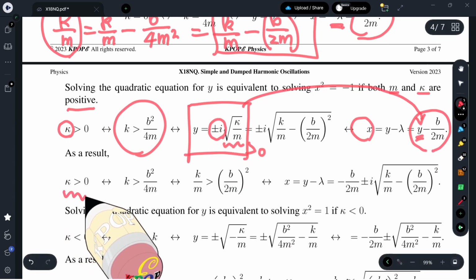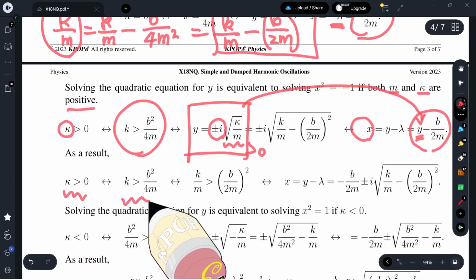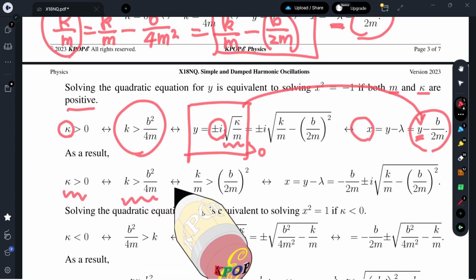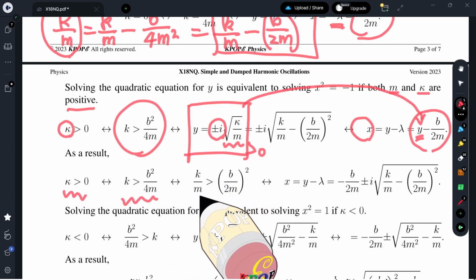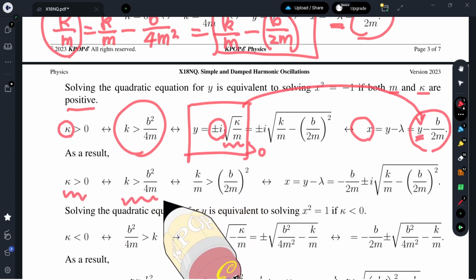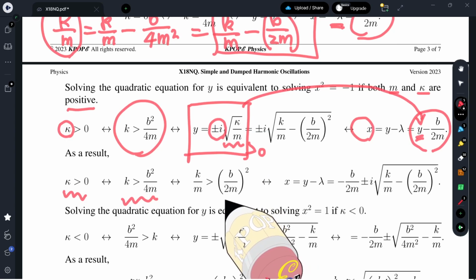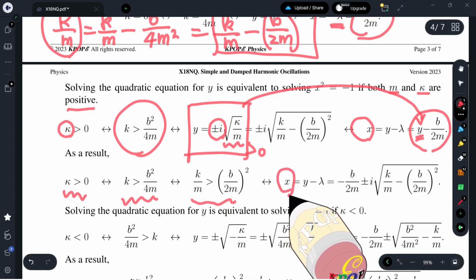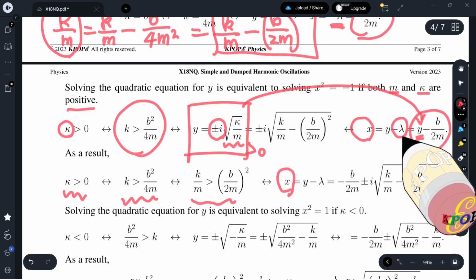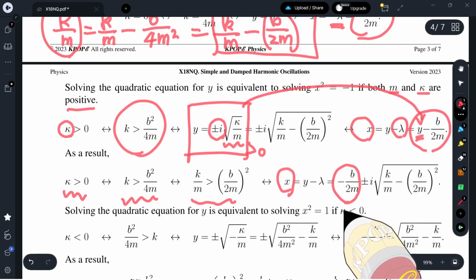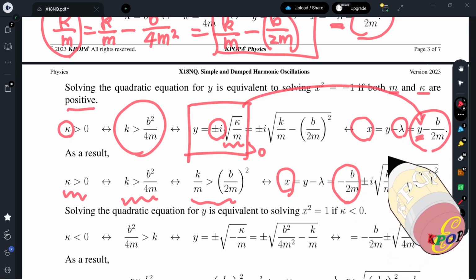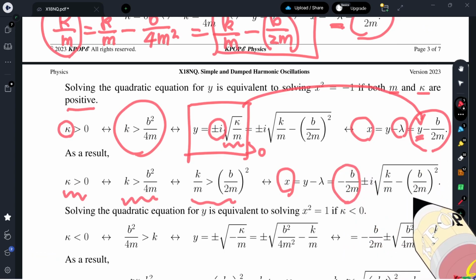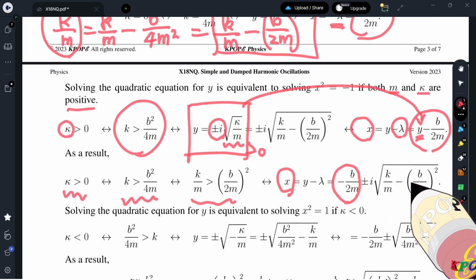Finally, when kappa is positive, then k is greater than b squared over 4m, and that is equivalent to k over m being greater than the square of b over 2m. In that case, x is minus lambda, that is minus b over 2m, plus minus the square root of this one, k over m subtracted by the square of b over 2m.